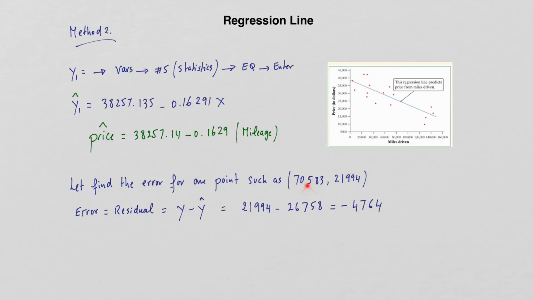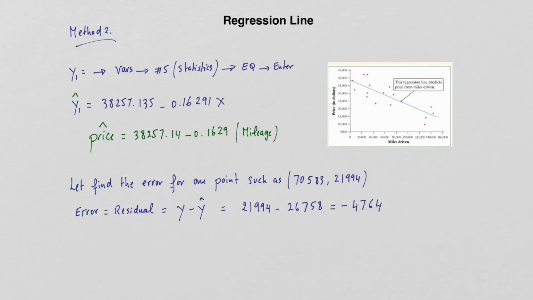So for this particular data point with this many miles and this price, according to the least squares regression line, there is an error of negative $4,764. Basically, this regression line underestimated the price by $4,764.